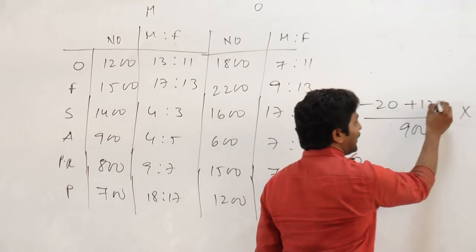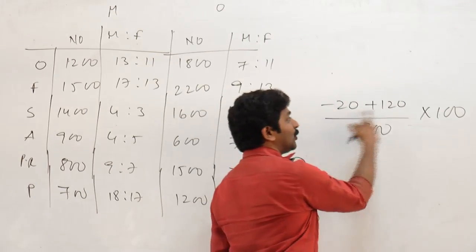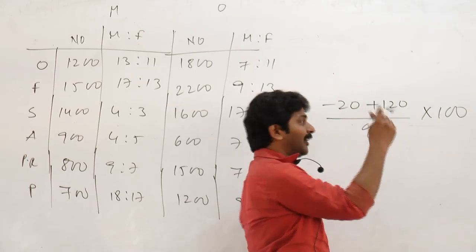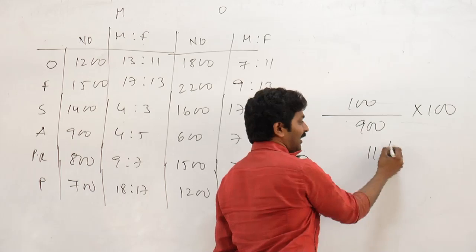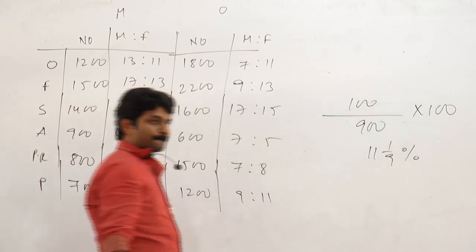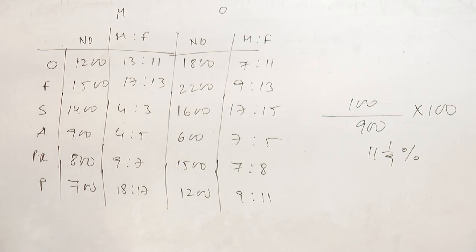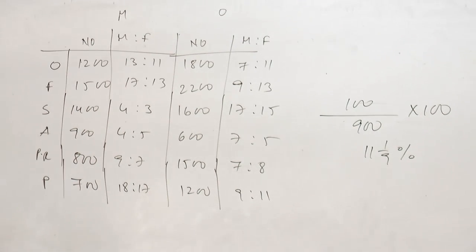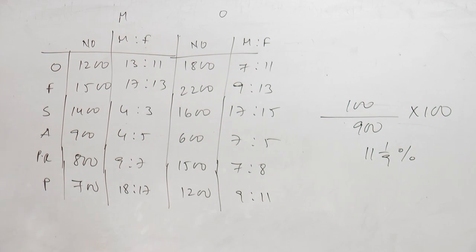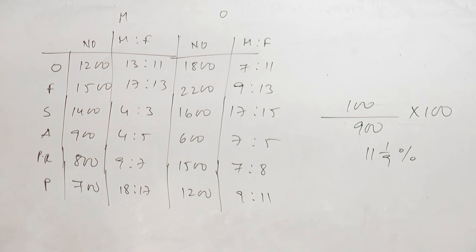So, here it is 120 more and the first managers 20 less. Total effect, female are 100 more. Out of 900, 1 by 9, 11, 1 by 9%. If it is about nearest integer, and if you are given integers in options, answer should be 11. Fine, you have exact value, no issue.